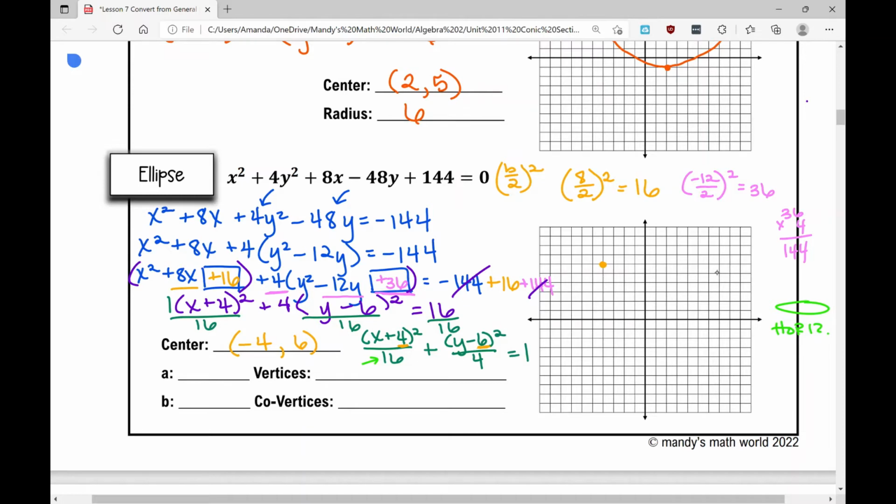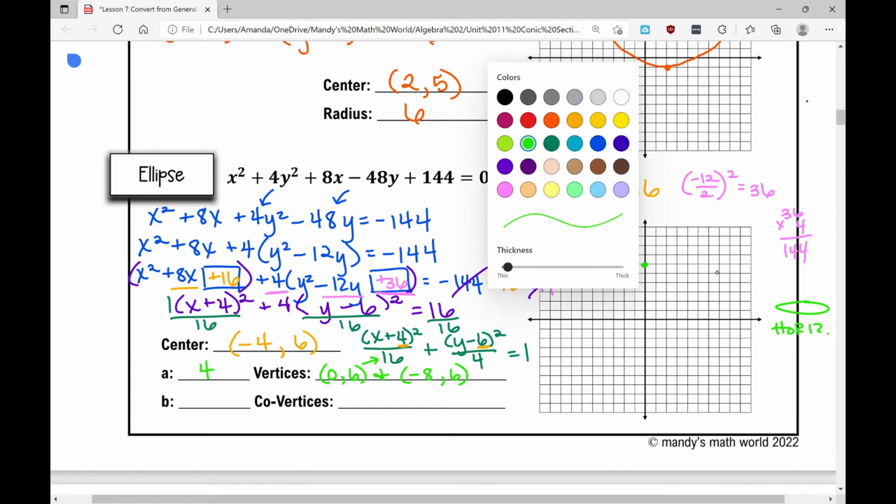So the a value here, because that's 16, the a value is the square root of 16, which is 4. So I can go out 1, 2, 3, 4 in both directions. That tells me that my vertices are going to be at 0, 6, and negative 8, 6. Those are the ordered pairs for those vertices.